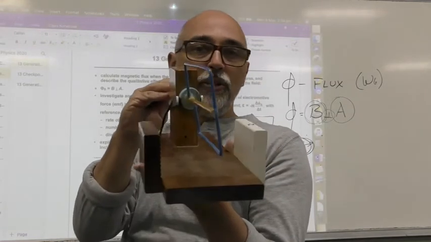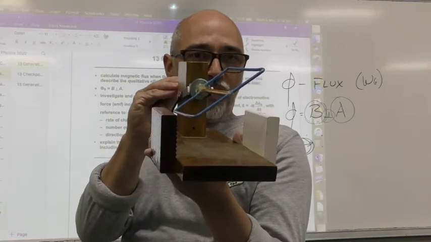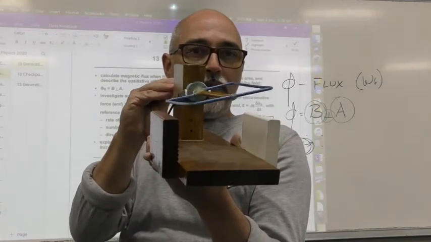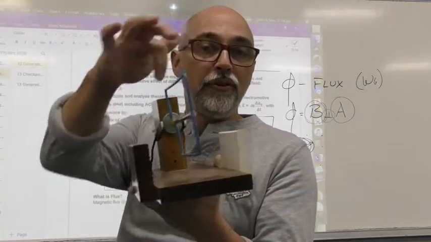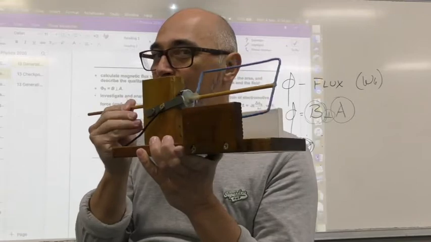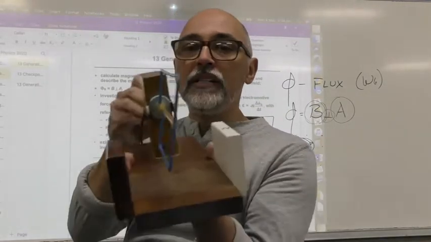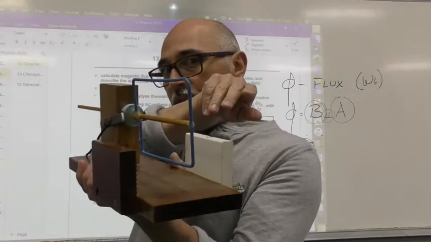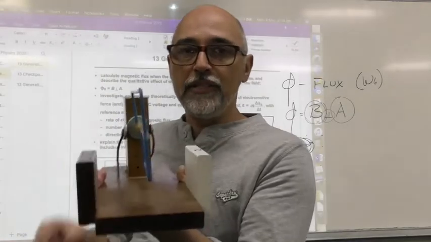So threading the loop through the front. Then, in the next quarter turn, it's going from zero flux to maximum flux, but threading the loop now through the back side of the loop. Because believe it or not, there's a front side and a back side. Makes a difference. Trust me, I know what I'm talking about. So, I've just decided that's the front of the loop.